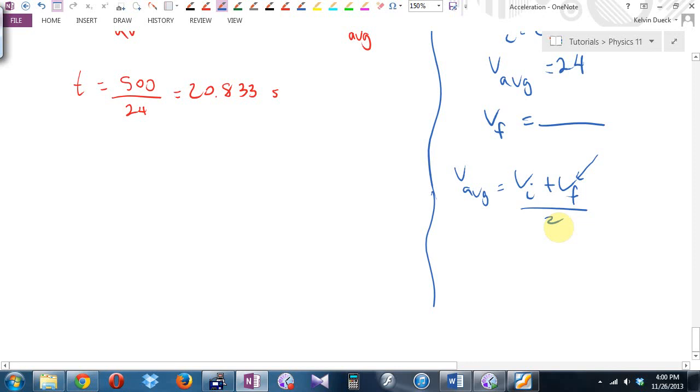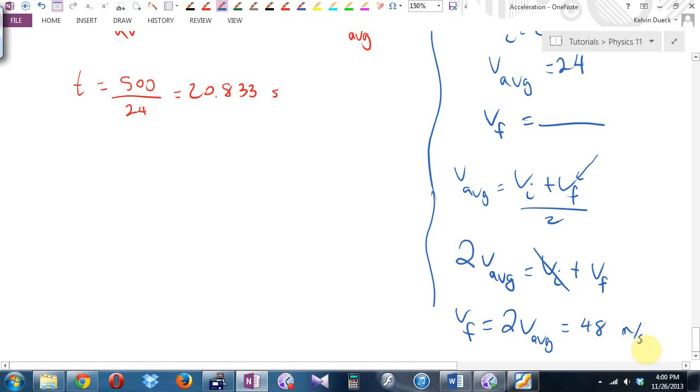How would I move the divide by 2 over? 2 V average equals VI plus VF. How would I get the VF by itself? You know what your final velocity must be? 2 V average. Oh, wait a minute. V initial is 0. I could have done this even cleaner than that. V final is going to be twice V average because V initial is 0. V final is going to be 48.